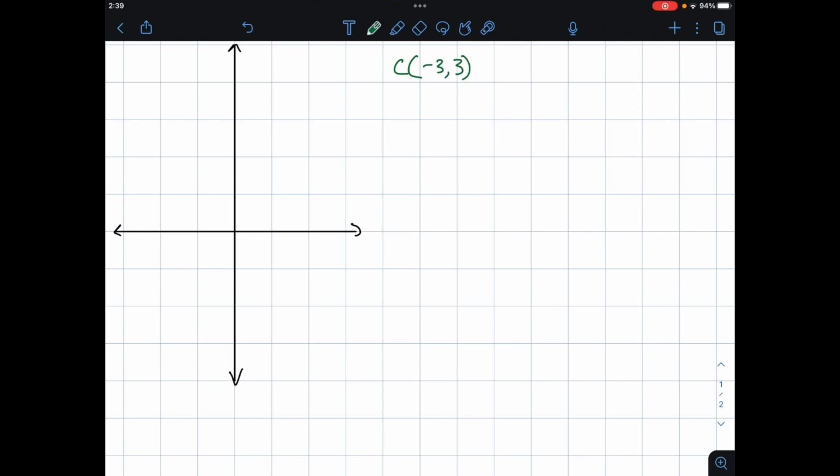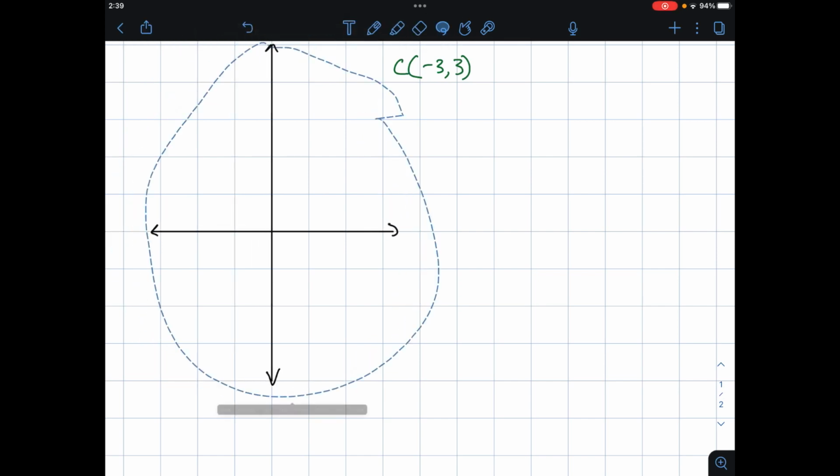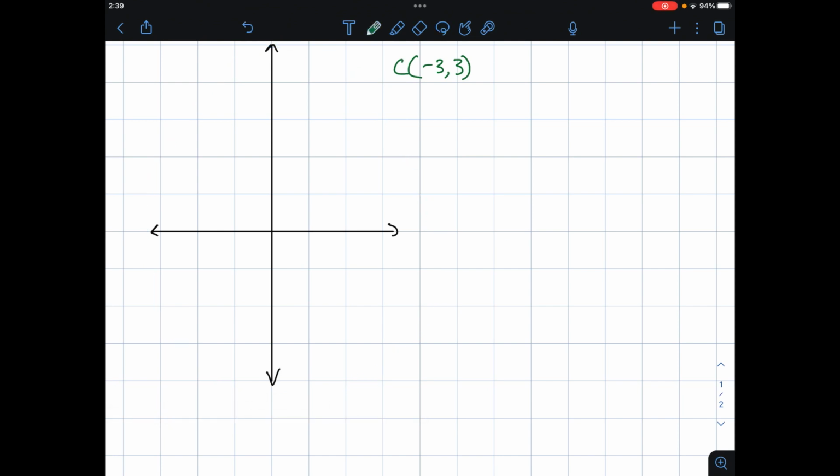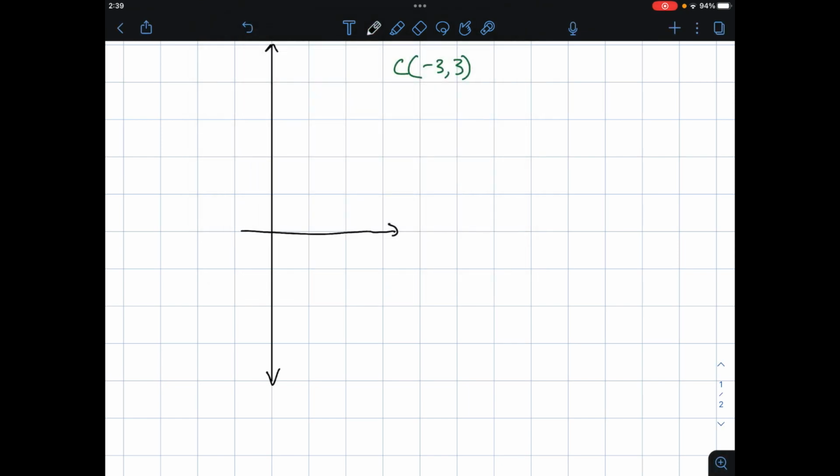So first things first, let me plot this point. Let's pull this over a little bit. Get it on the grid. Nice. Actually, I want to extend this. So we'll extend, get a little extra space to work with. And now I can go -3, 3.